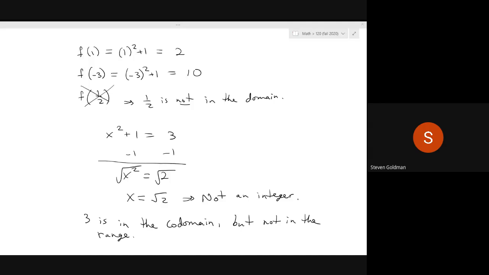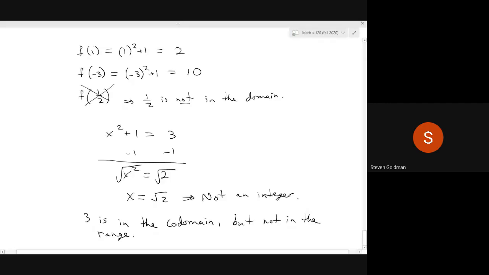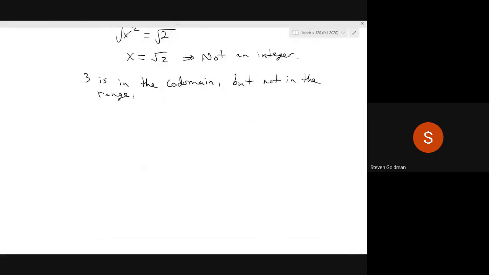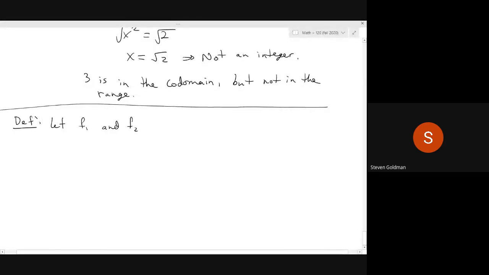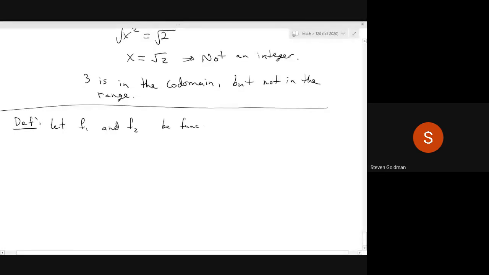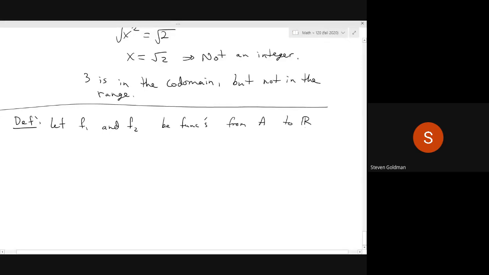Let's discuss now combining functions in different ways to create new functions. So, definition. Let f1 and f2 be functions from a set A to the set of real numbers. We can add two functions together to create a new function, and we can also multiply two functions to create a new function.